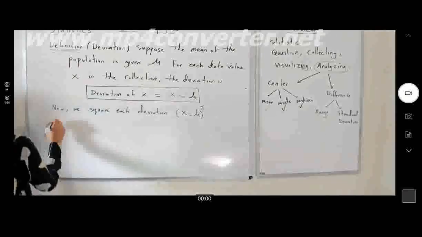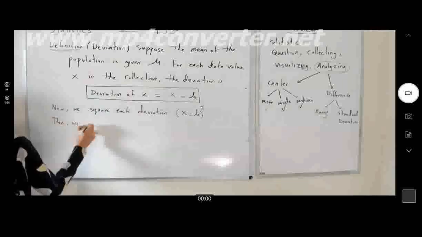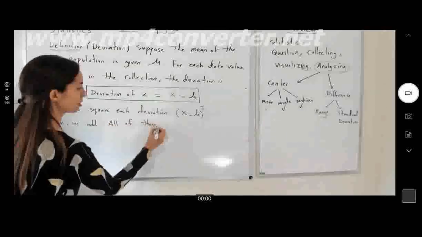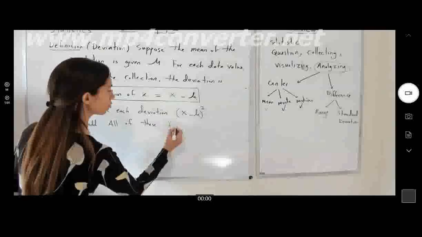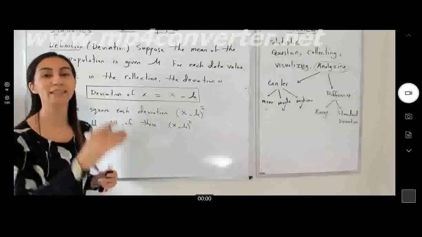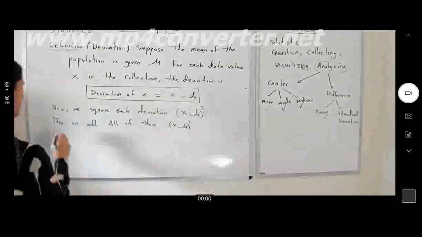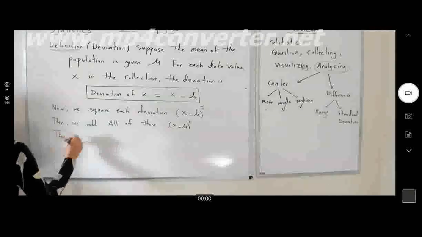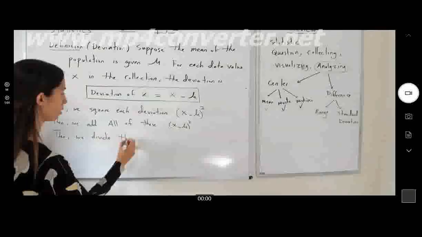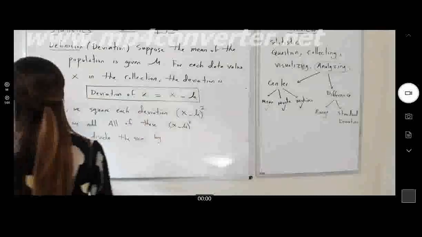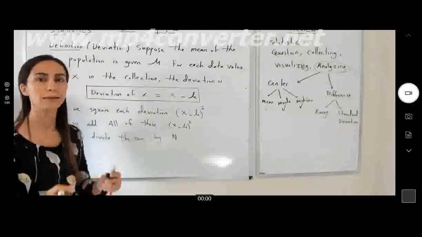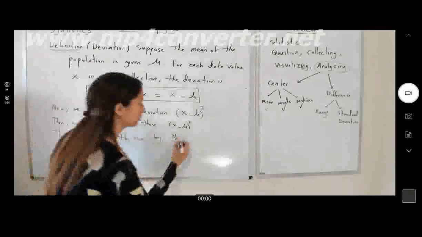What's next? Then we add all of these deviations squared. So after we find each of them, we add them all together. Finally, we divide the sum by n, which is the number of values in your collection.